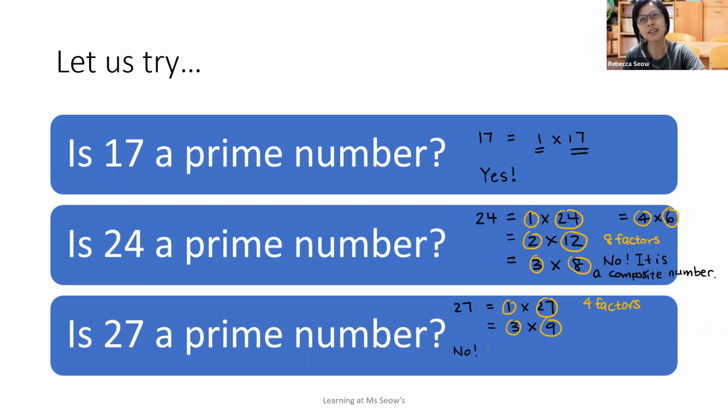Okay, in fact, it is a composite number. So I hope that this mini lesson has taught you one thing, what a prime number is and what a composite number is. Of course, a composite number is not a prime number.